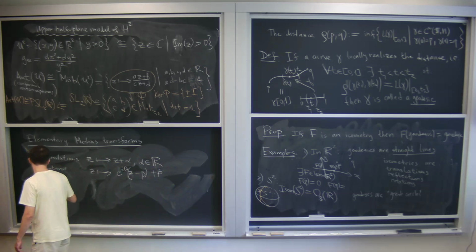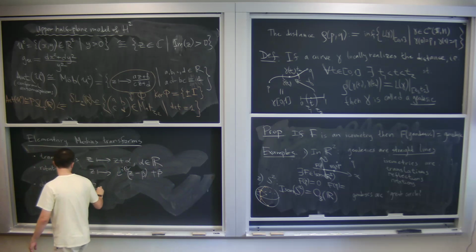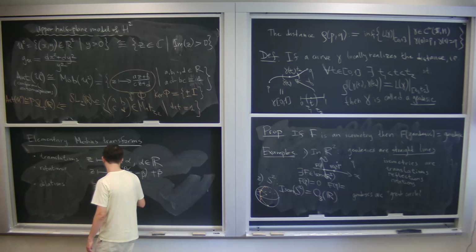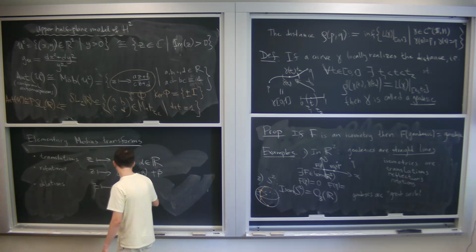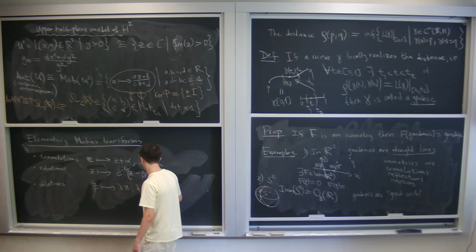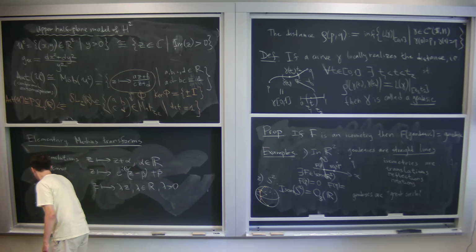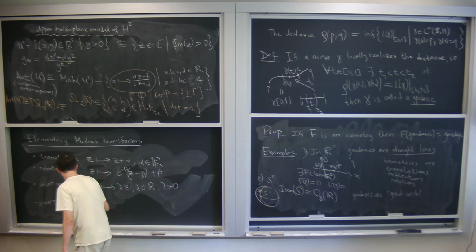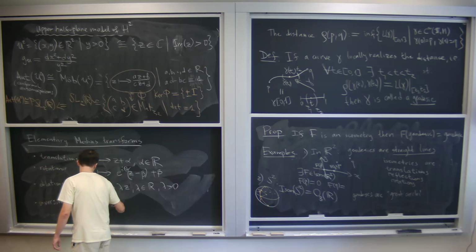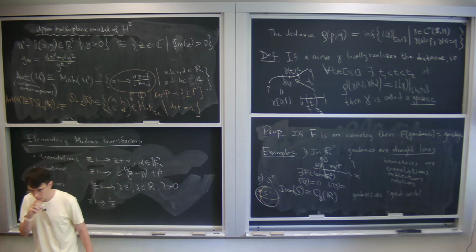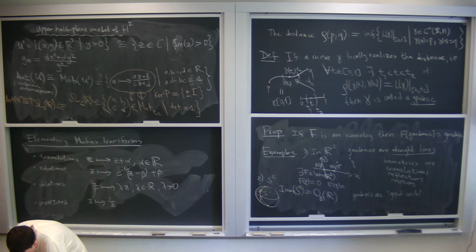Dilations, or Euclidean homotheties, are just z to lambda z, where lambda again is real, and actually it is a positive number. And the last one is inversions: z to 1 over z.